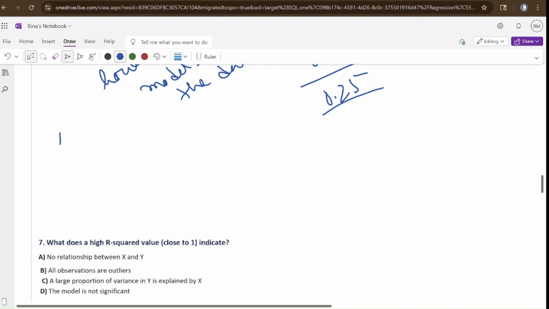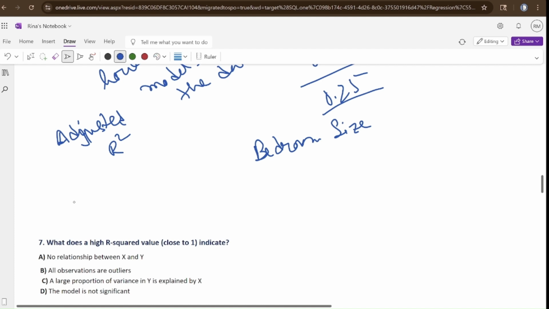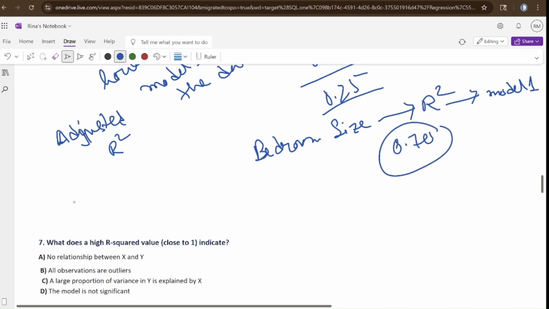Now the question is, why adjusted R square? The problem with R square is that it always increases even when you add more predictors which are unnecessary. Let's say you have predictors bedroom and size and you have calculated the R square for model 1. It has given you R square 0.70. Now you increase the number of variables: bedroom, size, color also.